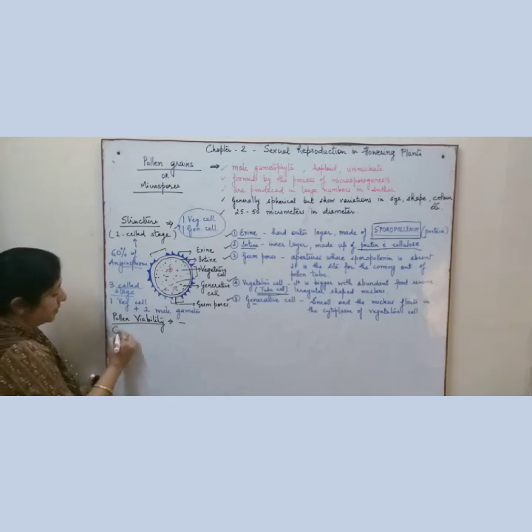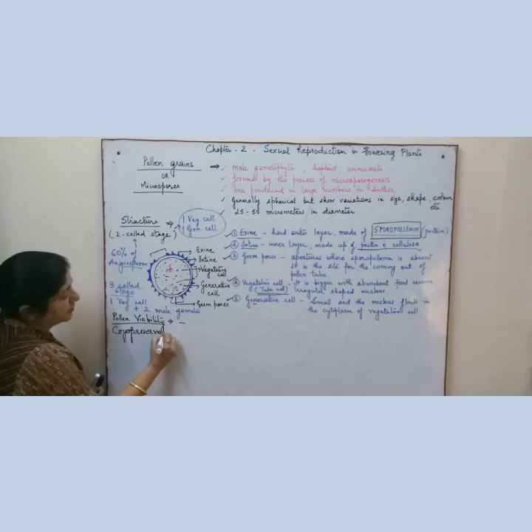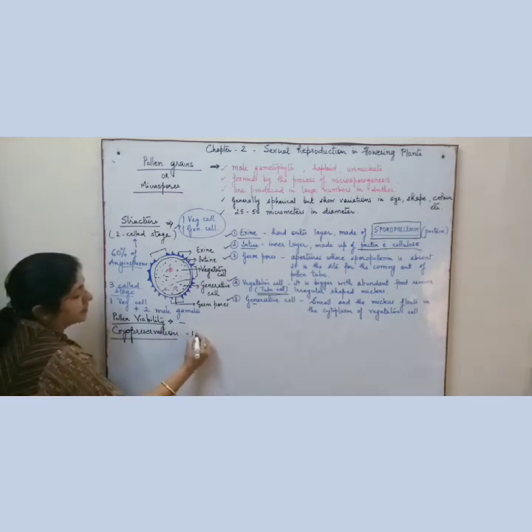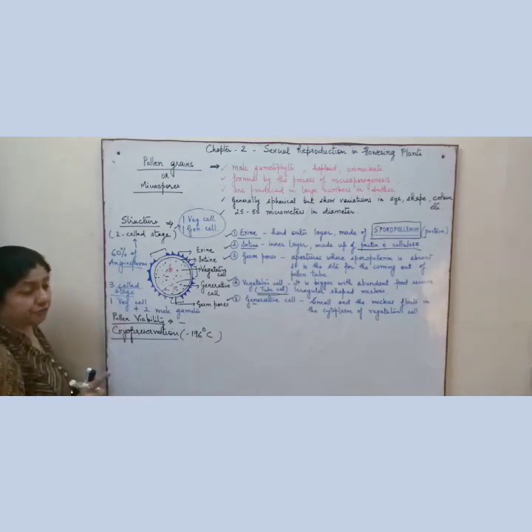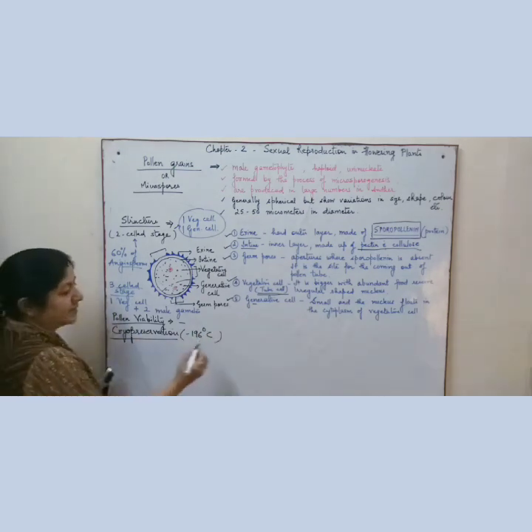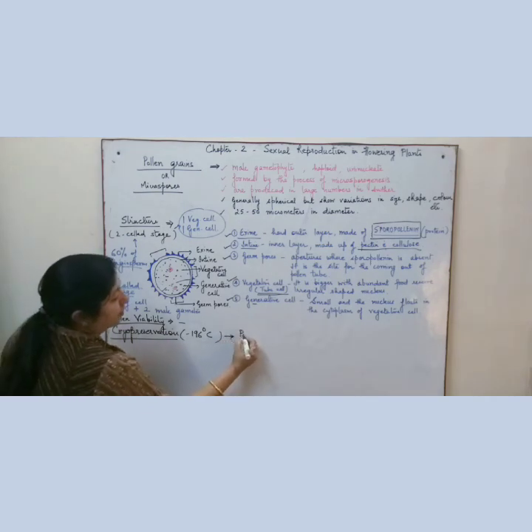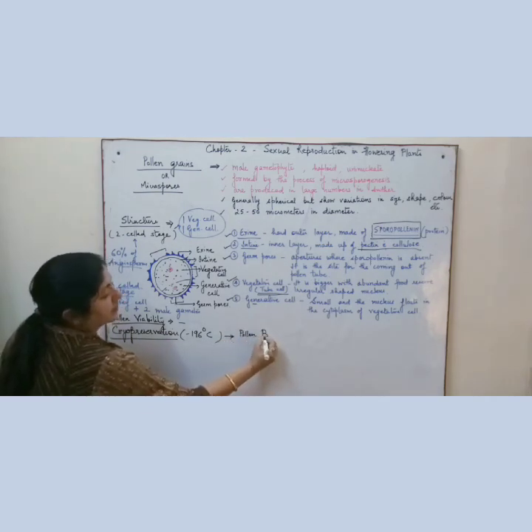Another term which is very important is cryopreservation. Cryopreservation is the storing of the pollen grains at minus 196 degrees Celsius in liquid nitrogen, and they form the pollen banks.